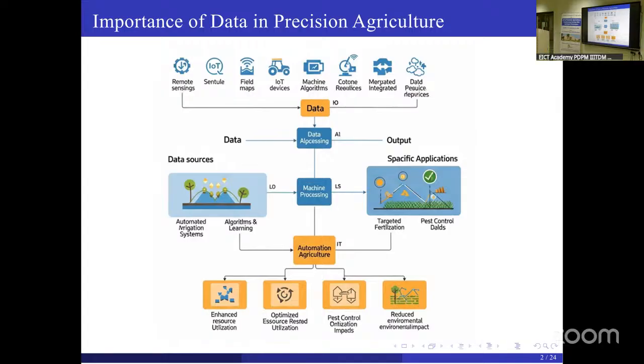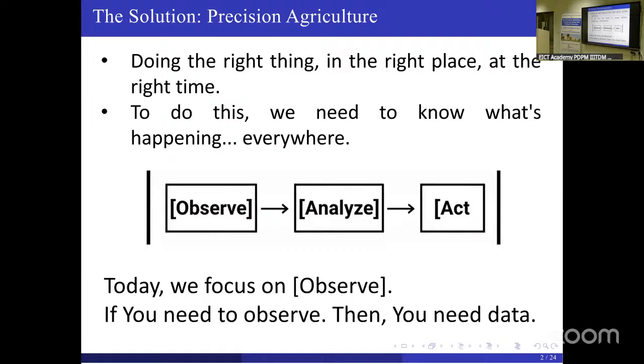With the help of these data sets, we can apply AI, ML, and deep learning techniques to assure the automation of agriculture by optimizing resource utilization. In precision agriculture, we talk about four things: right time, right input, right place, and right amount.